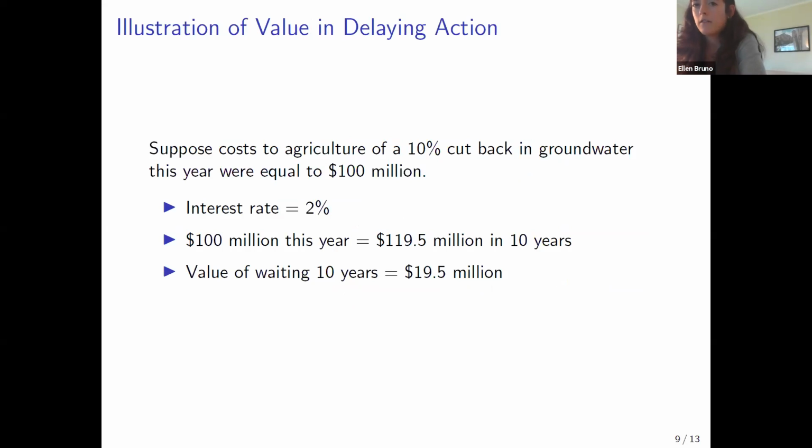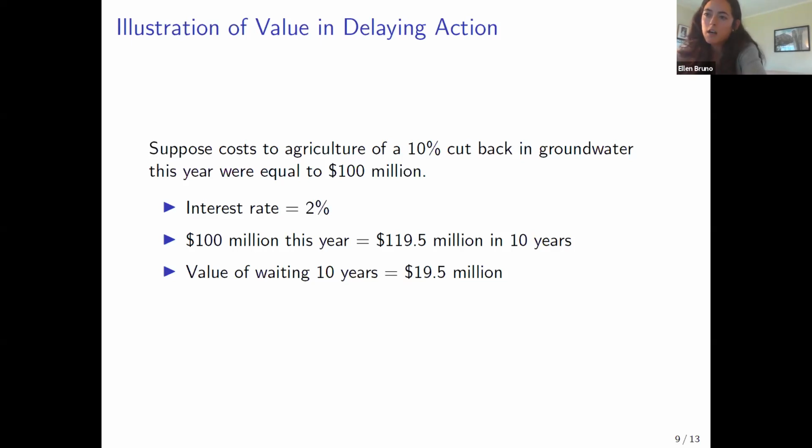And so the value of delaying that 10% cutback from this year to in 10 years is that difference of 19.5 million.